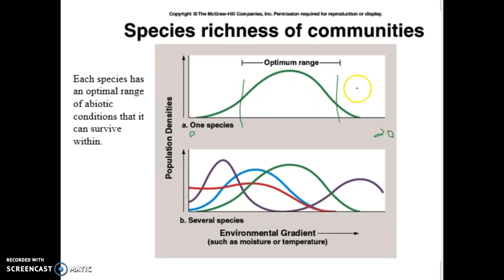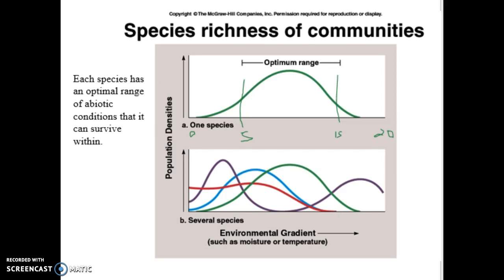So this green species does really well when you have roughly about 5 inches of rain up to about 15. That is its optimal range, 5 to 15 inches of rain. With less rain, the species doesn't do well. The population doesn't grow. It doesn't survive that well. With too much rain, the species can't survive at all. It drowns out or gets rotted out. Whatever the case may be, it won't survive. So it wants to stay in the sweet spot, between 5 and 15.